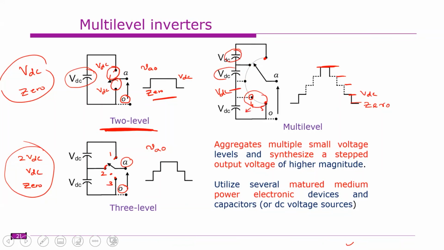So that means all the switches are supposed to block VDC voltage, but the inverter voltage is varying. In this particular case we have 4 VDC, 3 VDC, 2 VDC, VDC and 0. So you are obtaining 5 levels. It's clear?